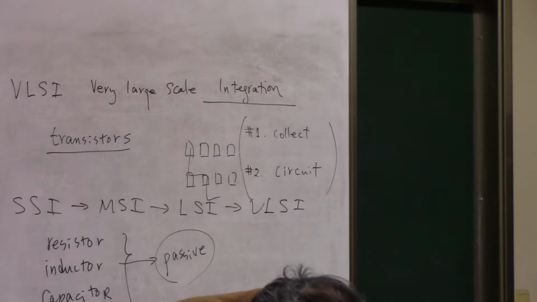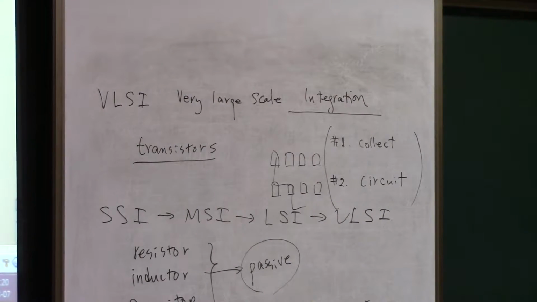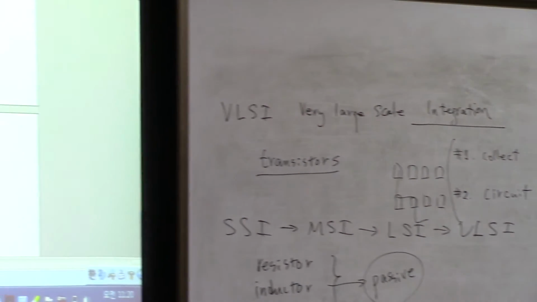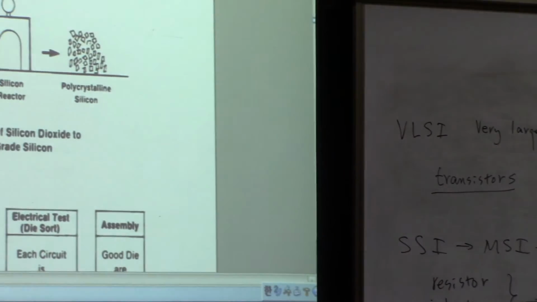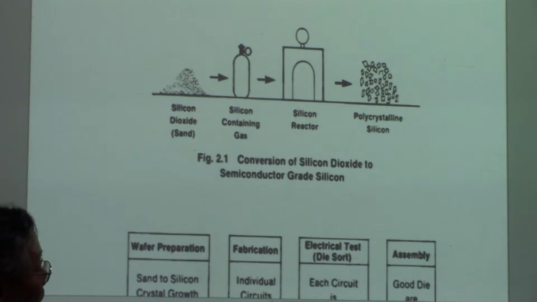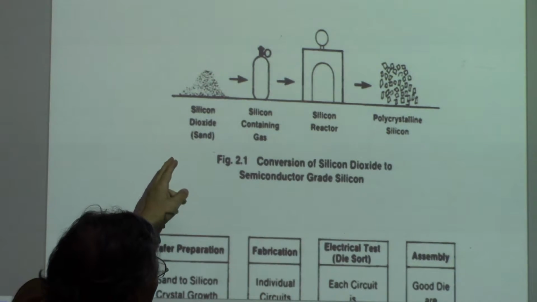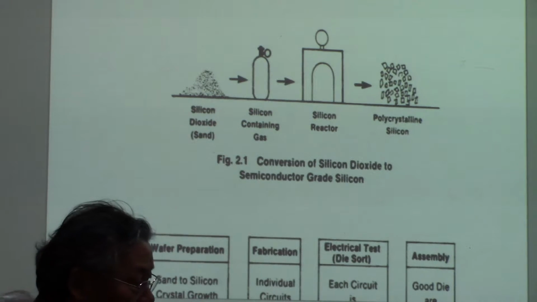Okay, so that is what transistor integration is about. And then what we are going to do is, you can see on this page, for the single crystal wafer preparation, it's going to start from the sand.